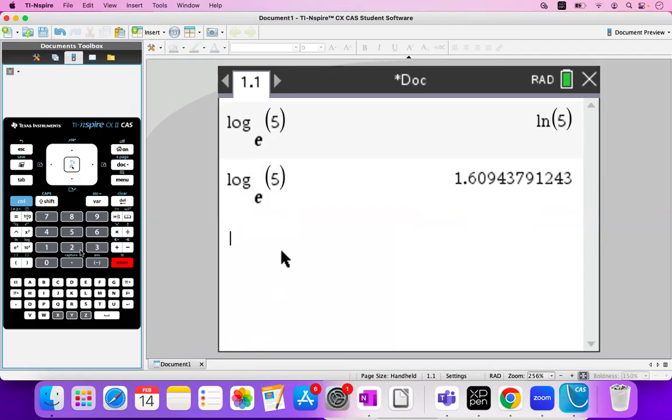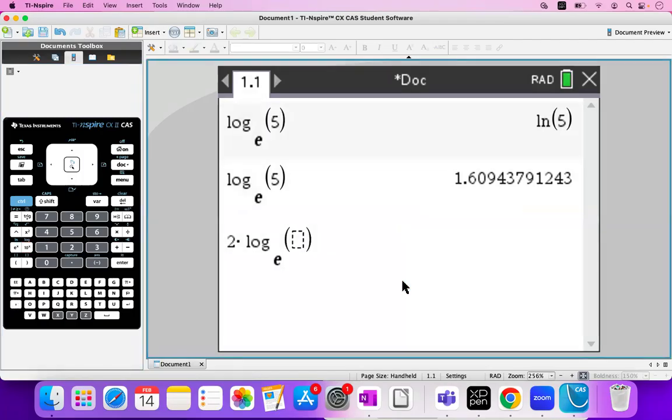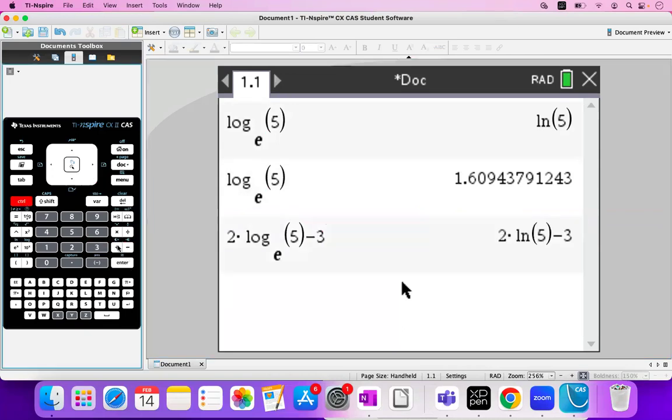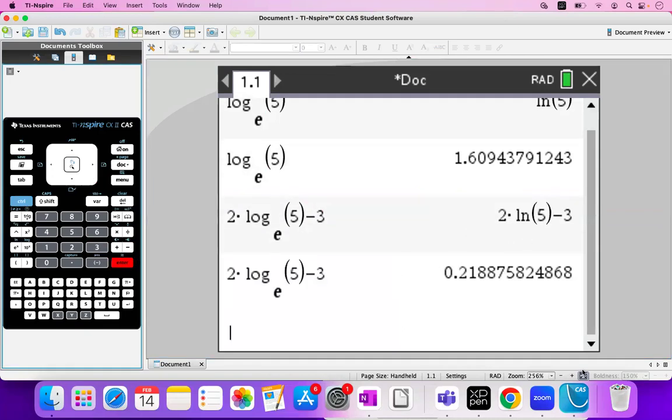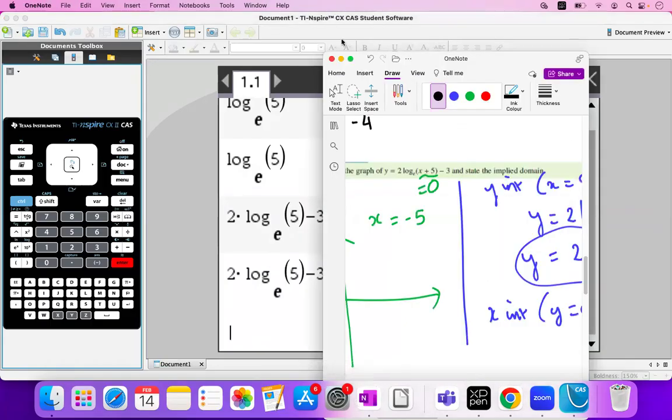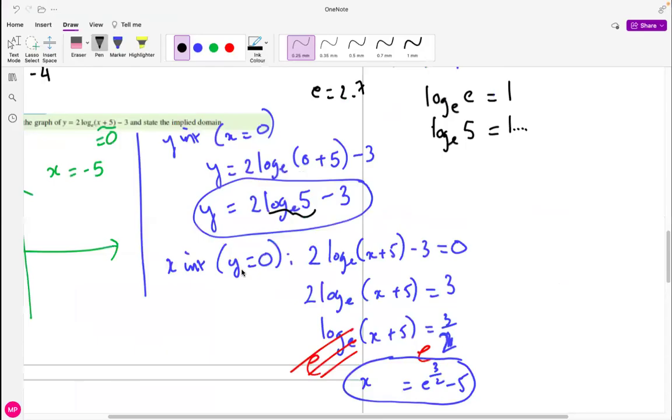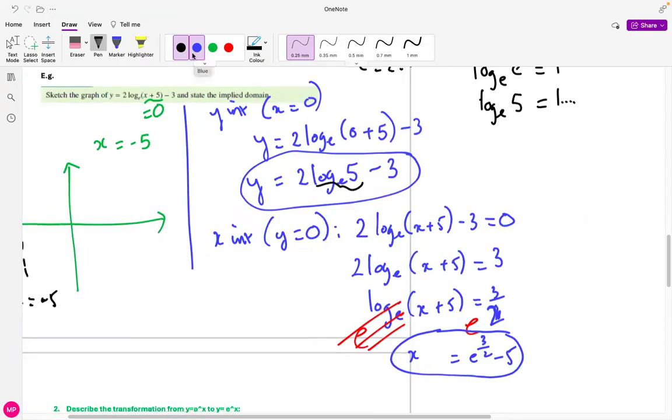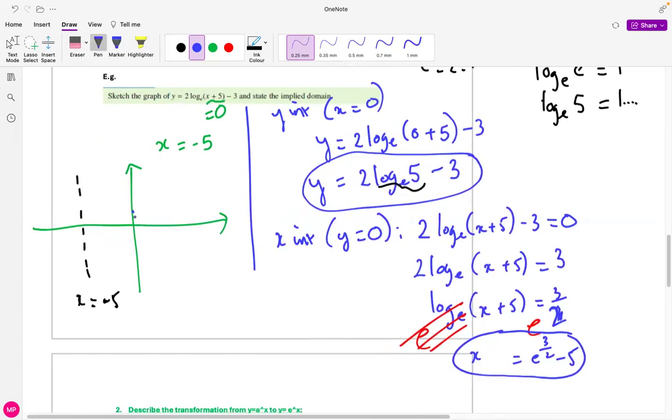So it's slightly above 1.5. So we do 2 times log a of that. I could have just written ln of 5, minus 3. That will give me a positive number, 0.2 something. So I know that my y-intercept is 0 point something, slightly above 0 here.